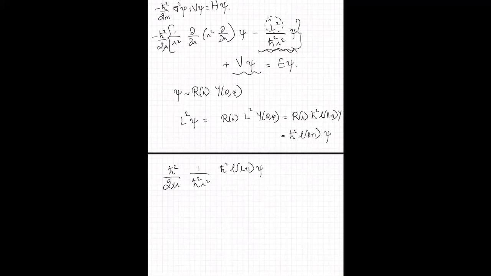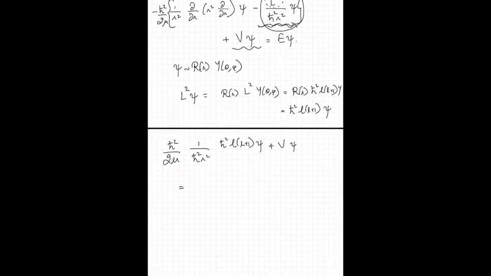That is this whole piece. Okay, plus V of r times psi. So if we add these two, you get V of r, the h bar square cancels, and there is an overall h bar square outside, plus h bar square l(l plus 1) divided by 2 mu r square times psi.